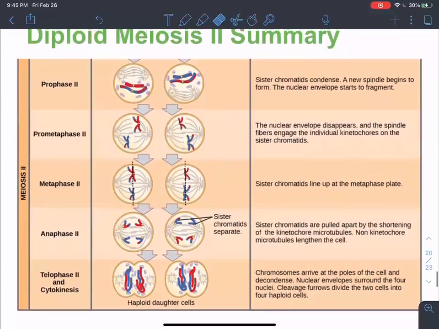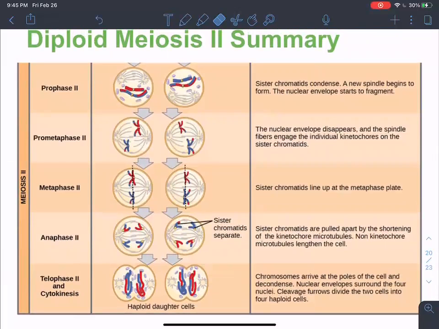And so here is the diploid meiosis 2 summary. We started out in prophase 2. They arranged, and spindle fibers connected during prometaphase 2. Then in metaphase 2, they're aligned at the equatorial metaphase plate. And then from basically here down, this is going to be very reminiscent of mitosis at this point, but with the sex cells.